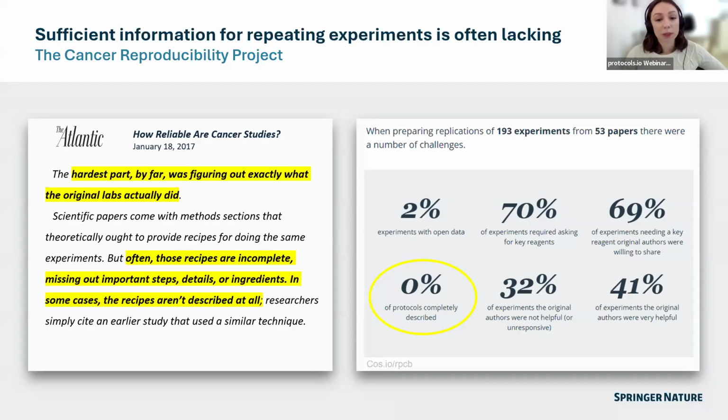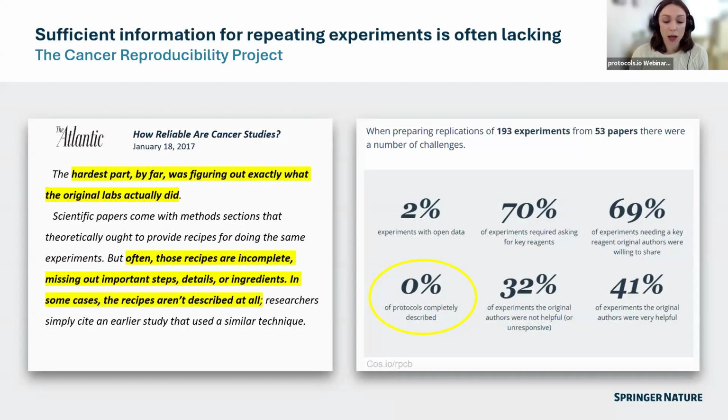But actually, what happened is that this project stopped after trying to replicate 18 papers, because it was just too cost and time intensive to replicate those experiments. And really, one of the main reasons for that was the lack of protocols and methods being completely described.